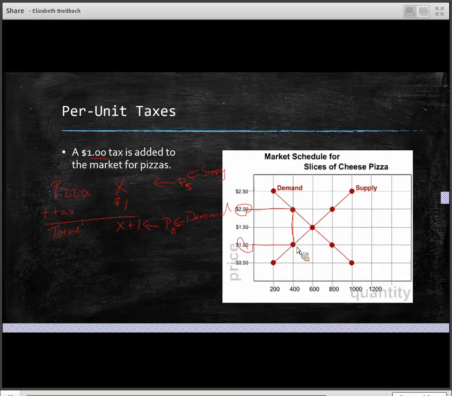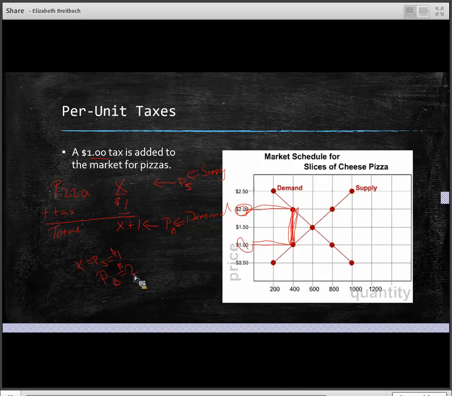I pay my $1 tax, and when I pay my $1 tax, the total amount that I have to pay, $1 goes towards the pizza, $1 goes to the government, and the price buyers pay, which is X plus 1, is equal to $2. Okay, so the tax was equal to 1, so the price sellers receive plus the tax is equal to the price buyers pay. All right, and then we want to think about, okay, so what's the quantity?